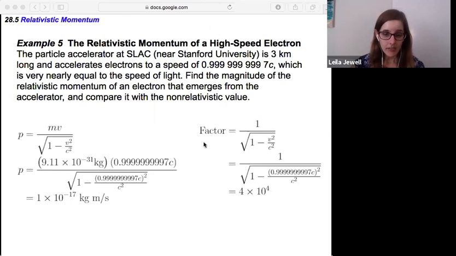And that is how much bigger the relativistic is than the non-relativistic. So the non-relativistic is going to be 40,000 times smaller than the relativistic that we just calculated. All right, so we will wrap up that section right there.